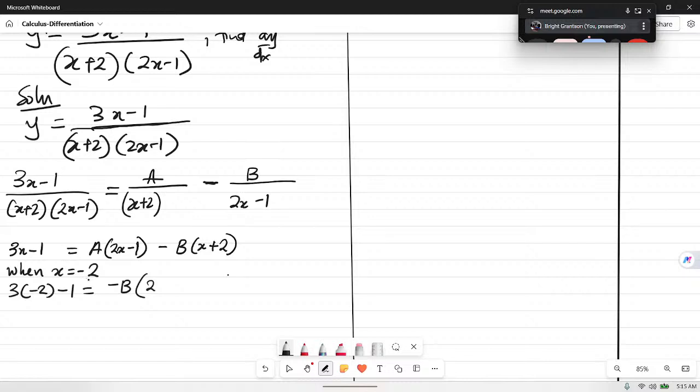You say x is negative 2. When you put the negative 2 here, everything will be 0. You have to put it in the A.